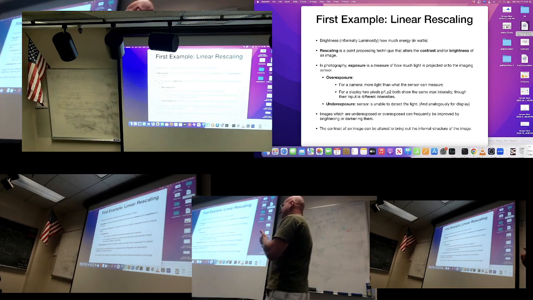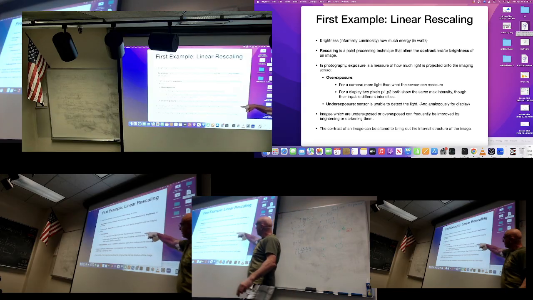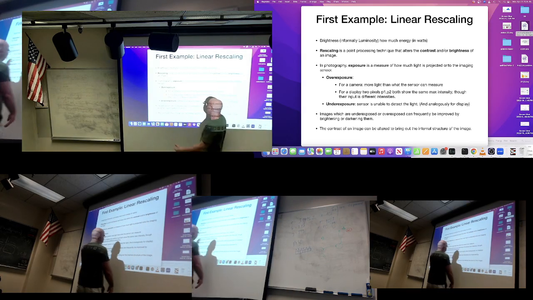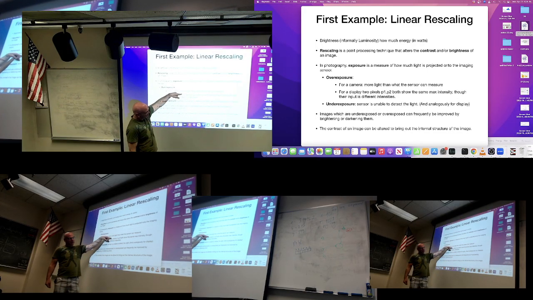Or, in other words, if you have two sensors that got different values of light, but both are so strong that they both report: this is as high as we can report. That would be overexposure. And for the display, two pixels P1 and P2 show the maximum intensity that the pixels can show, even though in the original image they have different values. That would be the overexposure.